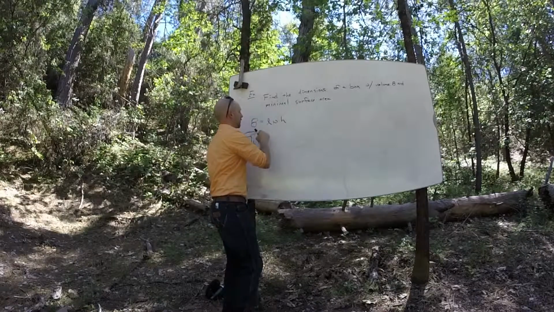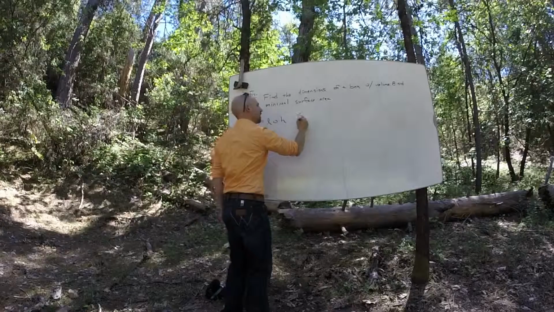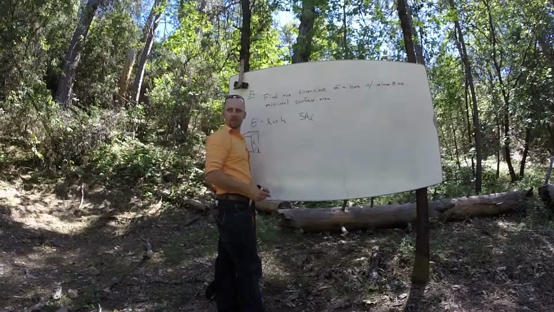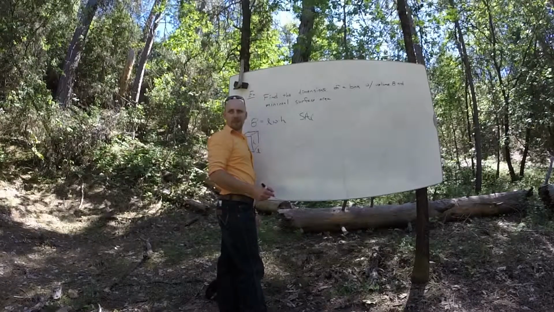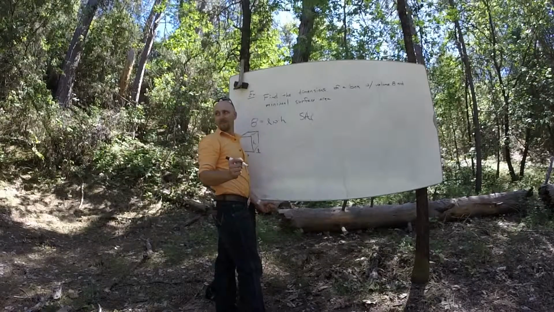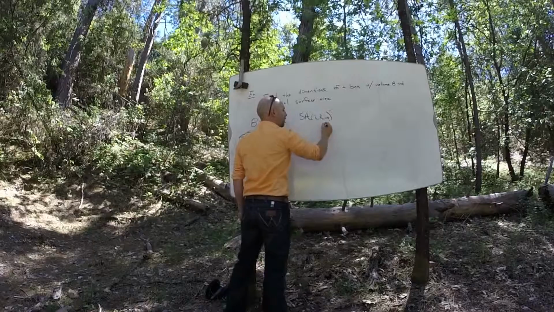So I've got this. This thing's like the constraint equation, right? And then there's surface area. Surface area is going to be a function of H, L, and W, all three variables.